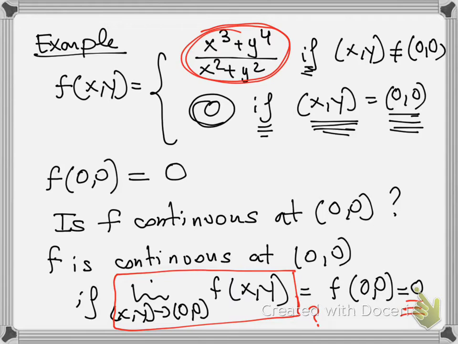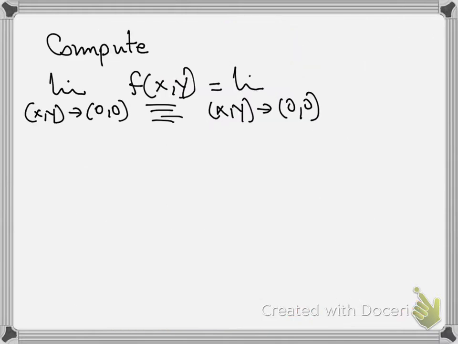If they are not equal to the origin, then this is my function f. So here we're going to have x cubed plus y to the 4 over x squared plus y squared.